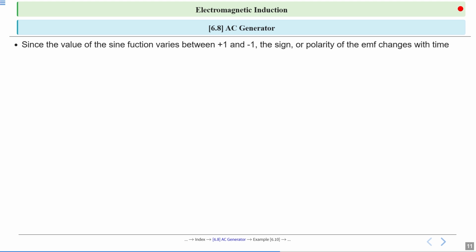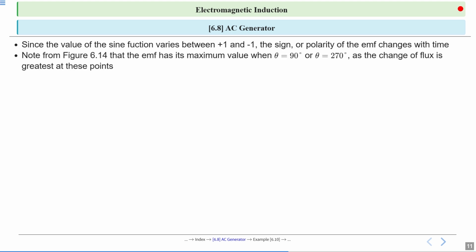Since the value of the sine function varies between +1 and -1, the sign or polarity of the EMF changes with time. Note from figure 6.14 that EMF has its maximum value when theta is equal to 90 degrees or 270 degrees.